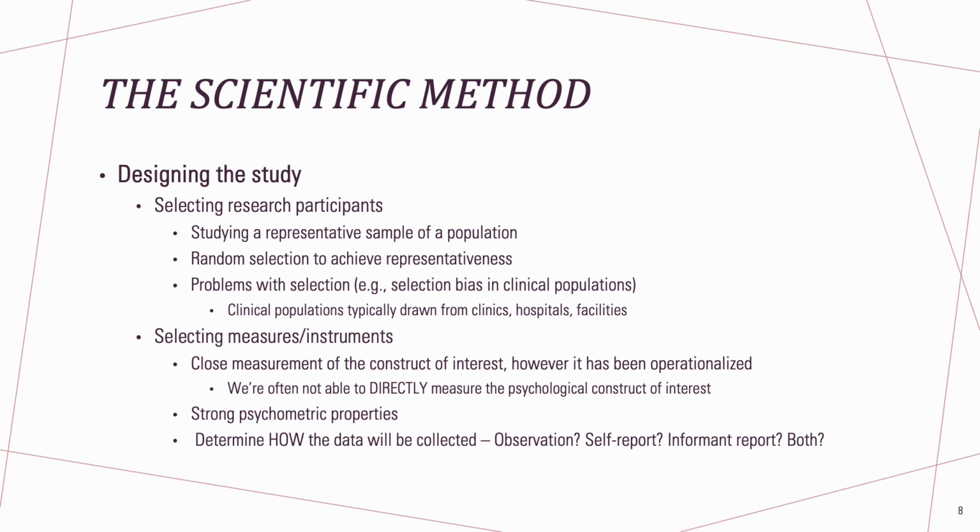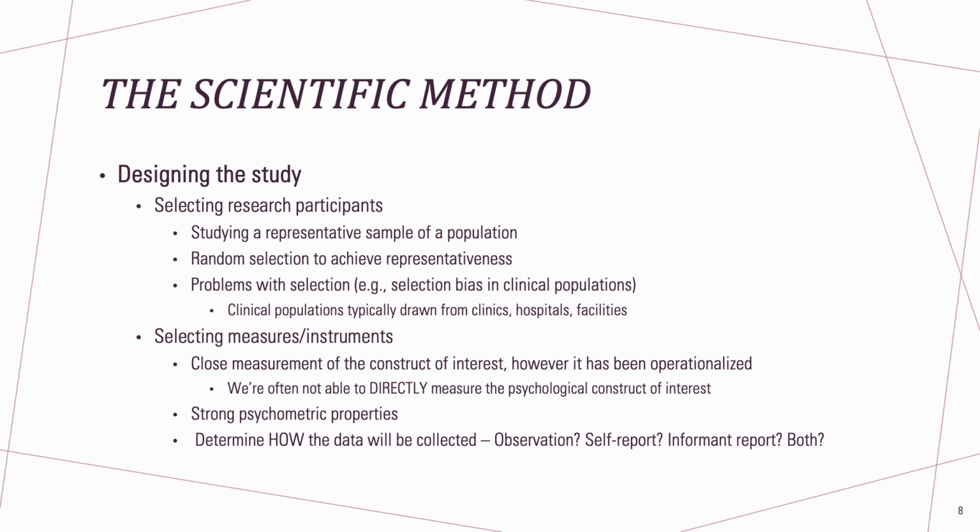So we are selecting a subsample of people, or a select number of people that we believe represents this larger population of people with mental health problems. So again, we're selecting a representative sample of the population of interest. There are different ways of selecting your participants in your study. Random selection is often the best way to achieve representativeness.